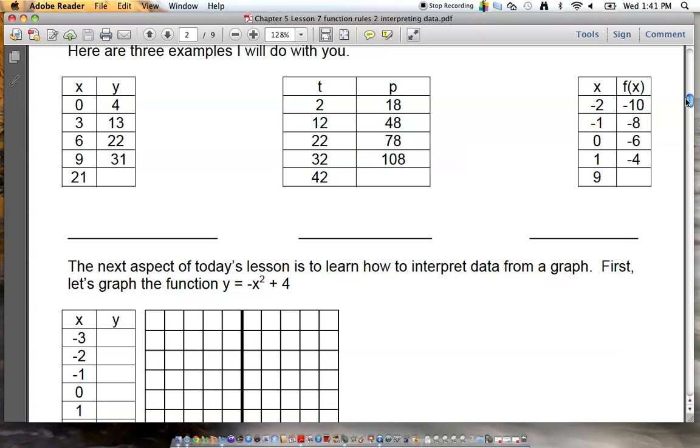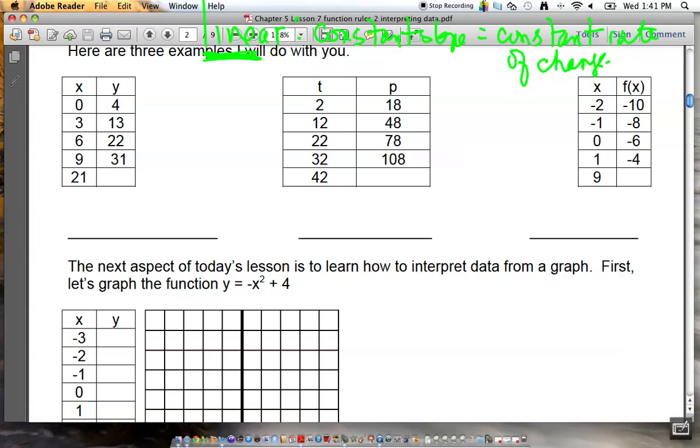Ready? So these are all linear functions. What does this word linear mean? Makes a what? Makes a line. Very good. It also means that it has a constant slope, which is also known as a constant rate of change, which means everything goes up or down by the same amount every single time, the same ratio.